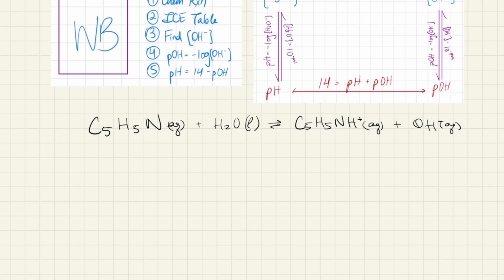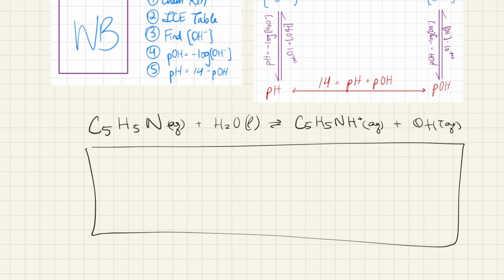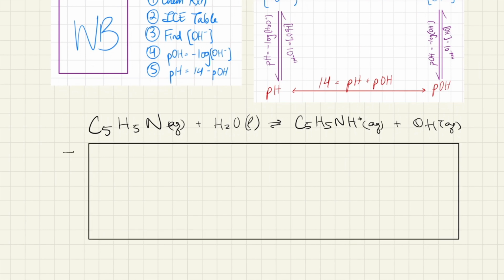Wonderful. So we're going to start off with our ice table. We remember that H2O is a pure liquid and doesn't contribute to the equilibrium. This problem starts off telling us that we have a 0.25 molarity of that reactant, and we can assume that there's zero product to begin with.